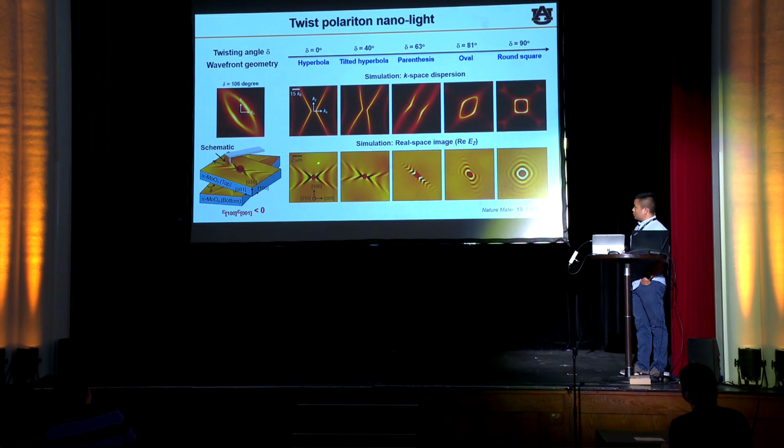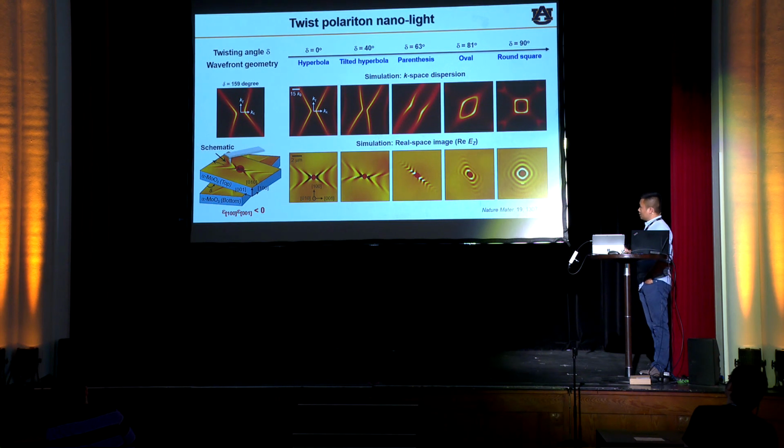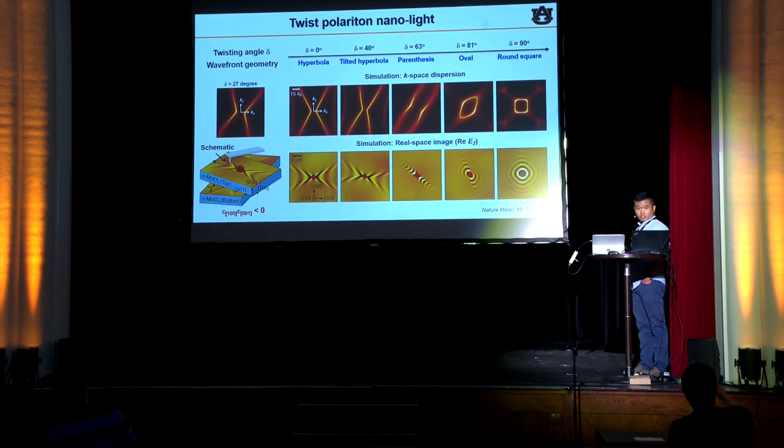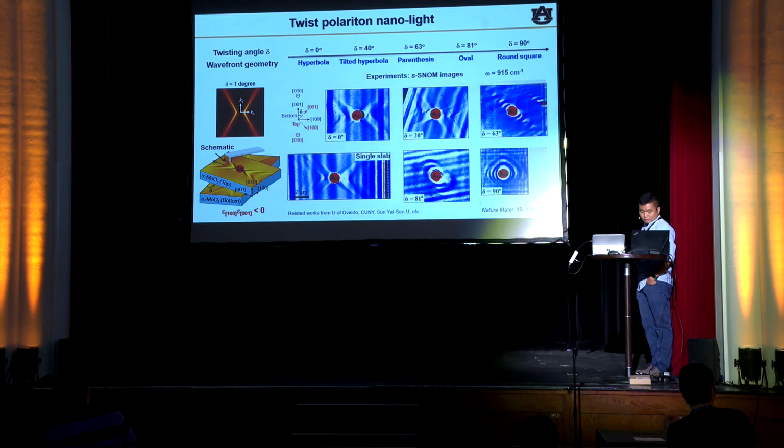As you increase the twisting angle from 0 degrees to 90 degrees, you see that the polariton wavefront changed from an X shape to a tilted X shape to this so-called canalization, which has been mentioned several times in this conference. And if you further increase the twisting angle, it's going to go back to a closed shape. We later did the experiment that pretty much reproduces what the simulation predicts.